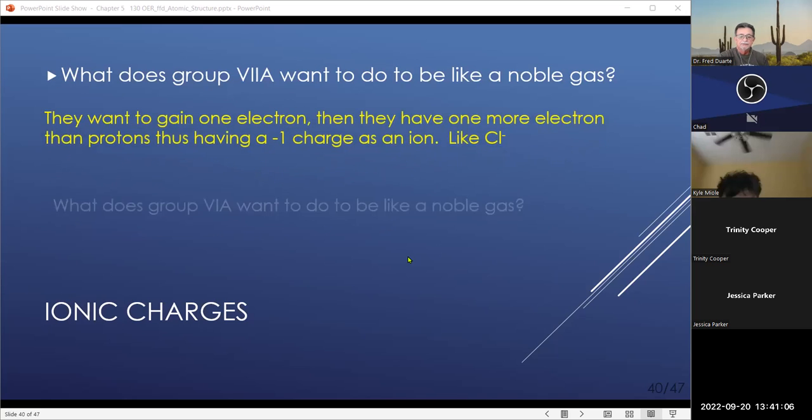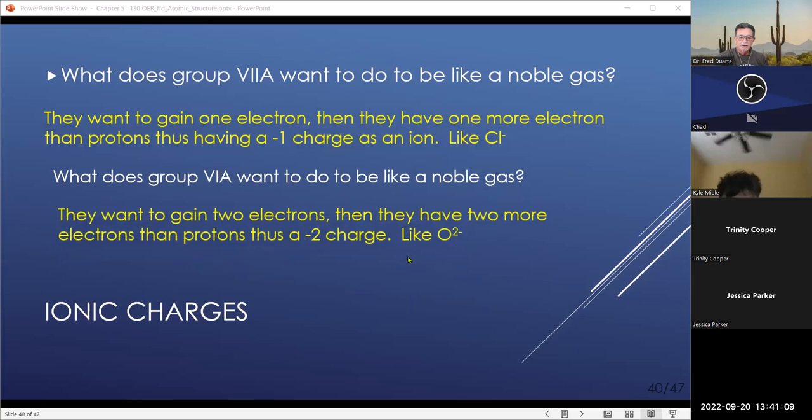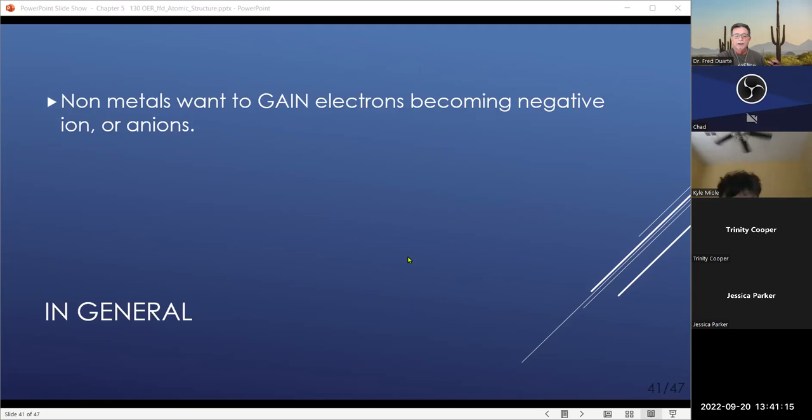All right, this again is the anions. Group 7 are going to become -1, group 6 will be -2, and it's because nonmetals want to gain electrons. And here we introduce their specific name, and that is the name of an anion.